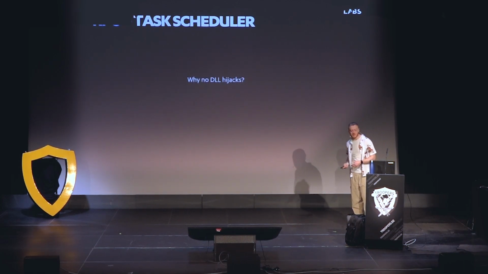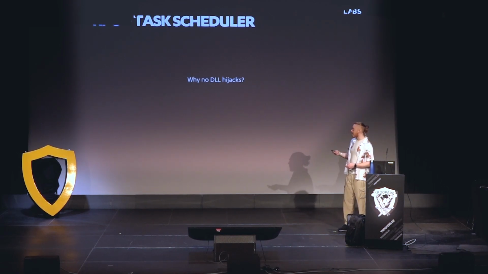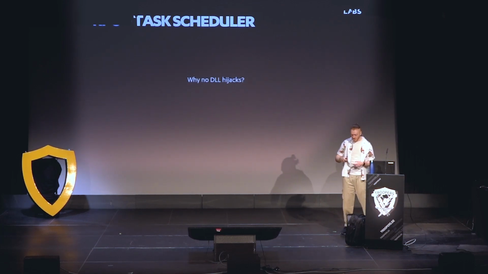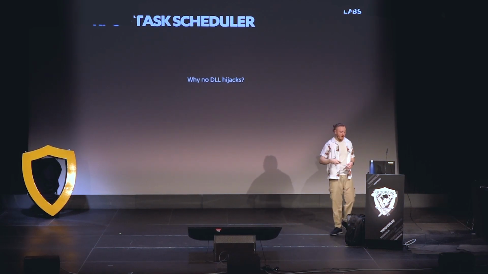Now, you can do the same with a scheduled task, right? If you target a binary that is referenced by a scheduled task, you can technically use DLL hijacking to load your DLL into the legitimate process. But there are some problems with that approach, and I don't necessarily love it. The main reason is that DLL hijacking is getting abused so much nowadays, even by threat actors, they just use it all the time.